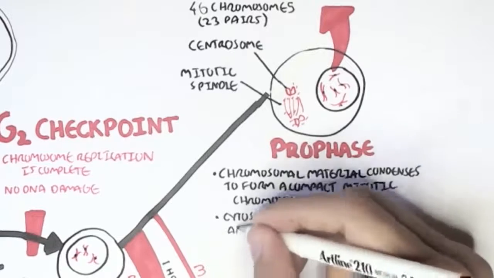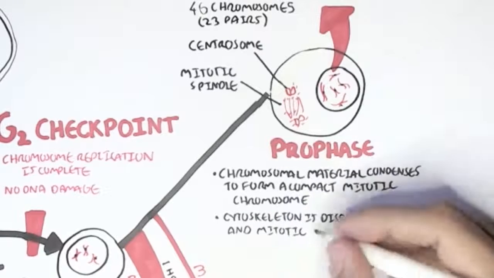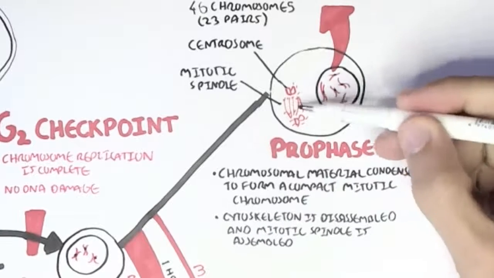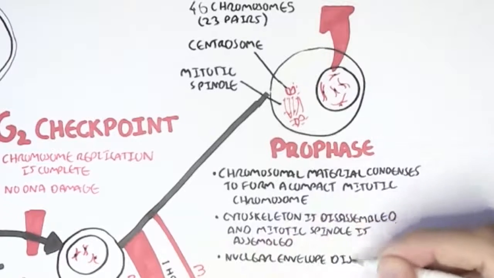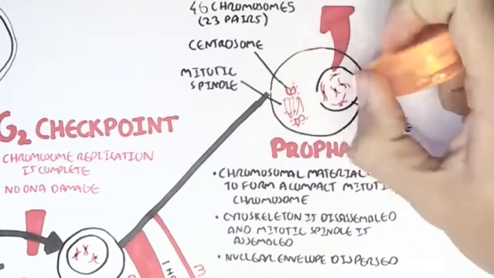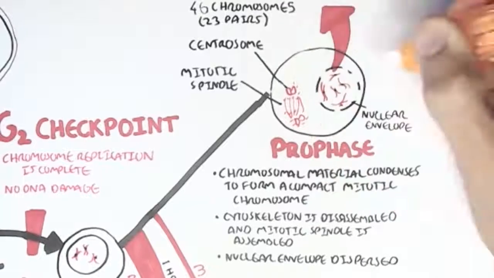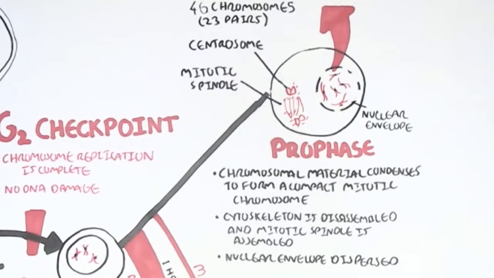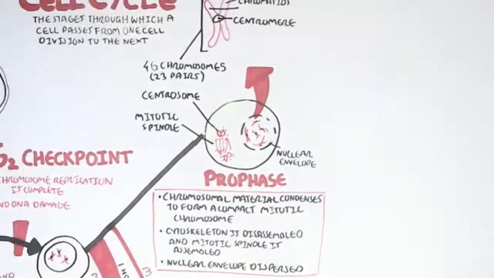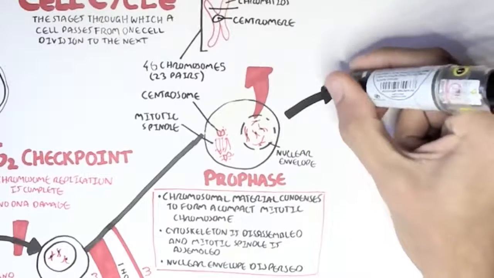The cytoskeleton is then disassembled, and the mitotic spindle is assembled. So the centrosomes form a mitotic spindle. The nuclear envelope is also dispersed. So the nuclear membrane essentially starts degrading to allow these chromosomes to be free, you can say.